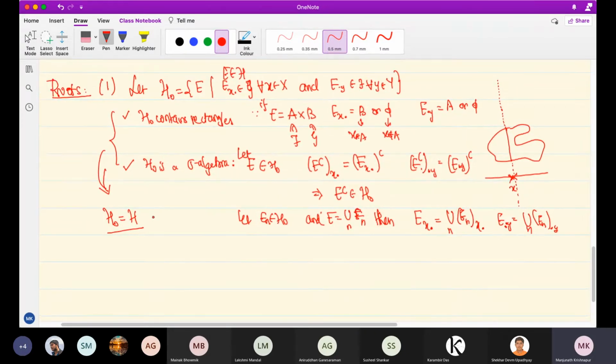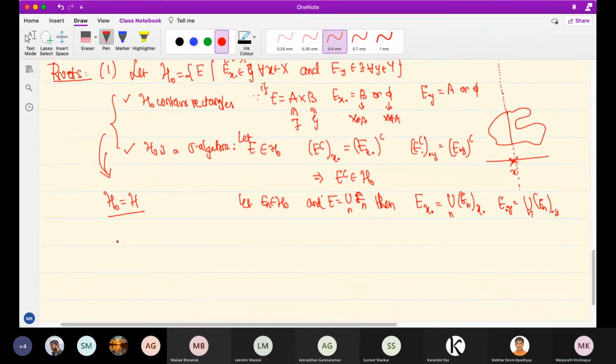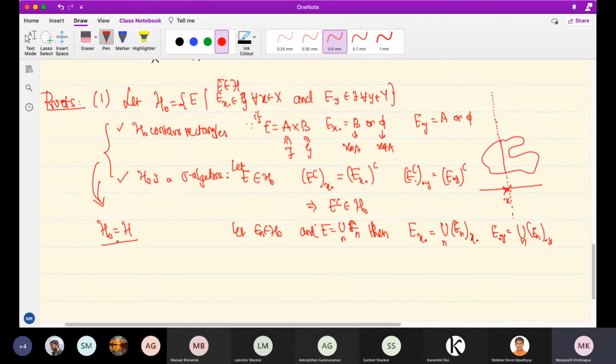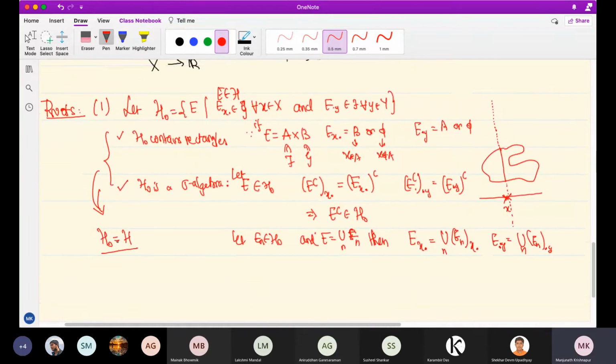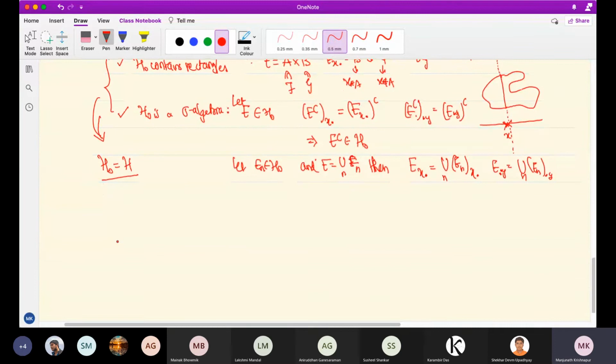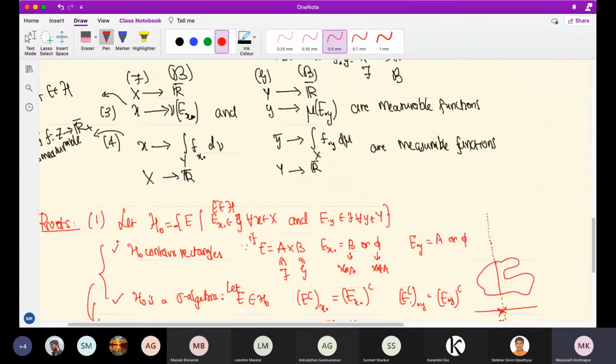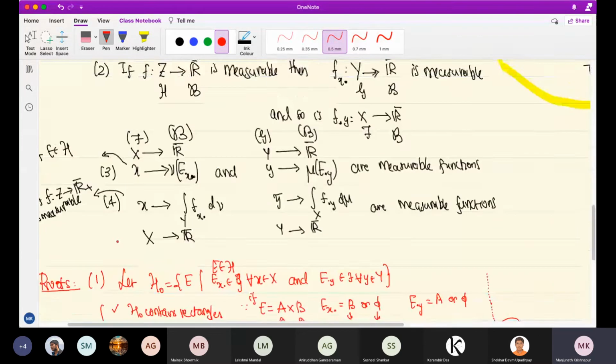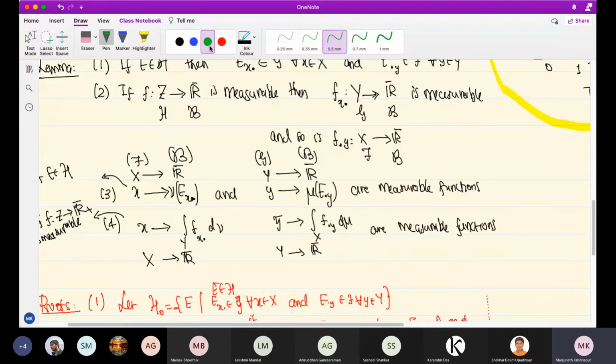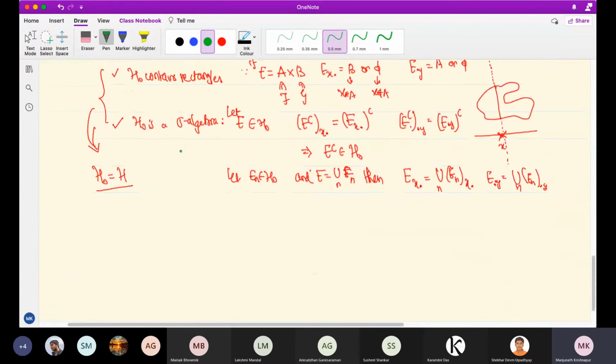So this is how you do it. Any questions about this? This is a standard trick that we have used before, so keep this in mind for the exam. This is a common mistake one can make in measure theory, but this is the way you argue, because for a generated sigma algebra you don't have an internal description, you have an external one.